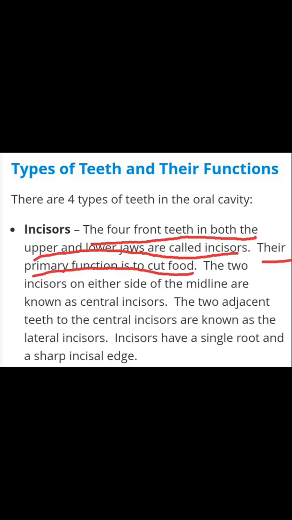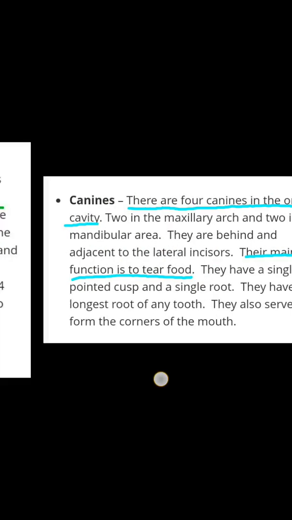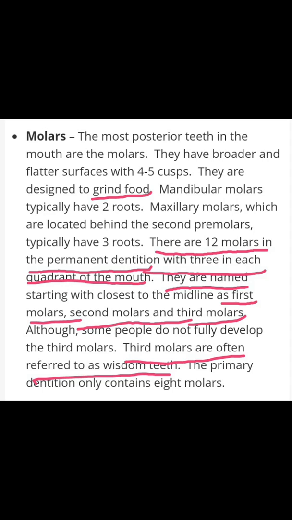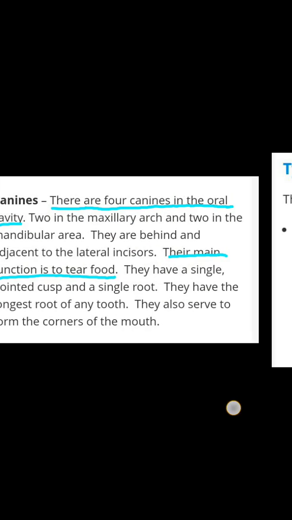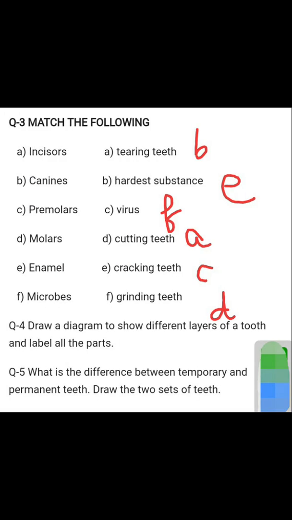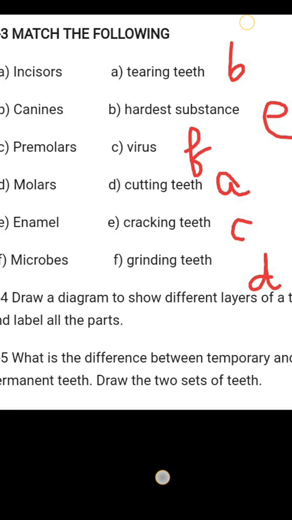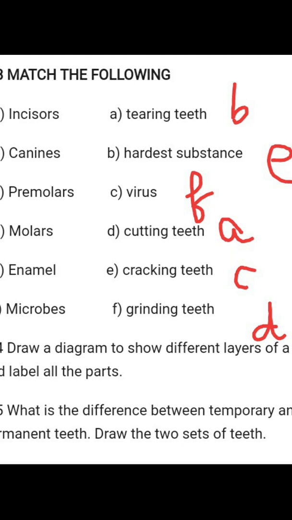So we talked about 4 different kinds of teeth in the human jaw: incisors, canines, premolars and molars. Now based on these, you can check out this worksheet. Incisors are cutting teeth.